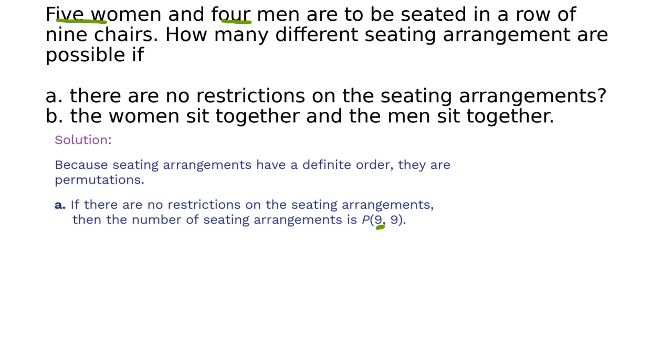And we want to select 9 of them, right? So you're trying to seat these people in some type of order. If we do the work here, we're going to have 9 factorial divided by 9 minus 9. And so we get 9 factorial divided by 0 factorial.